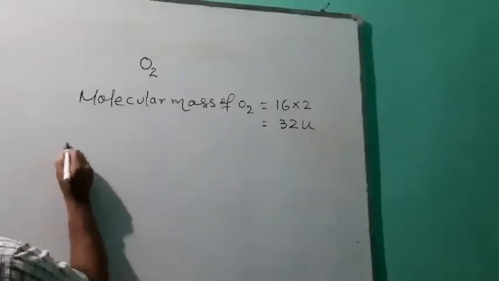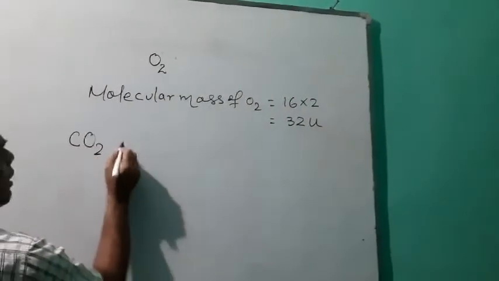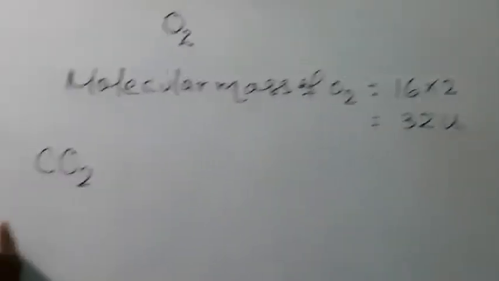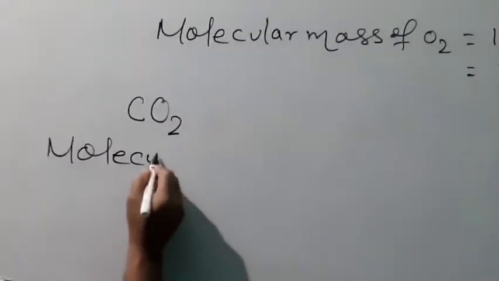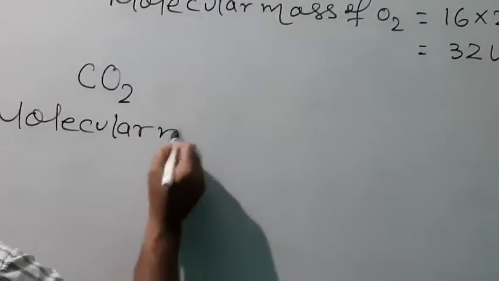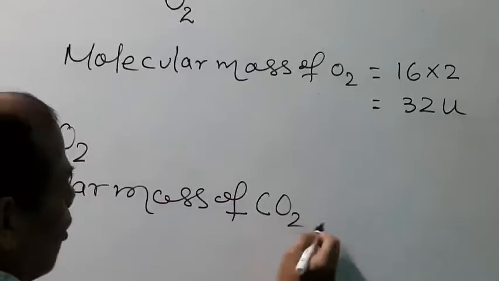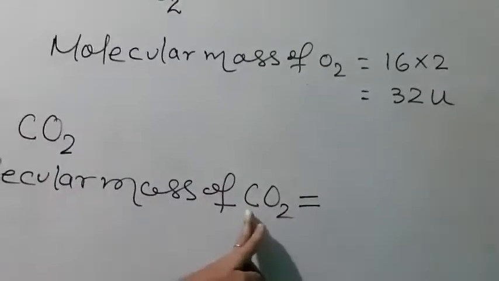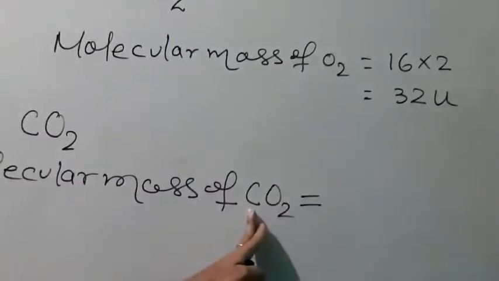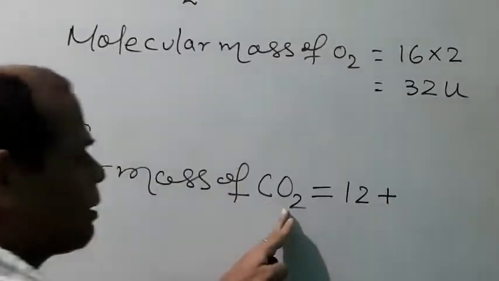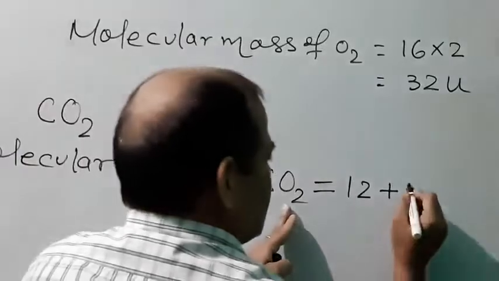Similarly, the molecular mass of carbon dioxide. The atomic mass of carbon is 12. The atomic mass of oxygen is 16.